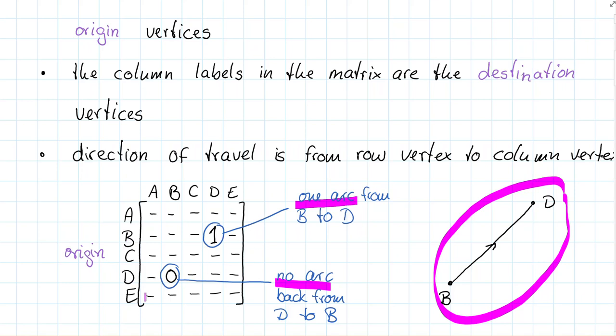There is an entry in the D row from D to B. Okay, but that entry is a 0, and that actually means there's no arc back from D to B. Therefore, our directed graph would look fairly simple. We have a B and a D. They're connected with an edge, and we have an arrow here as a direction.